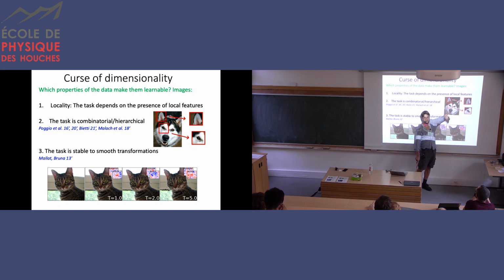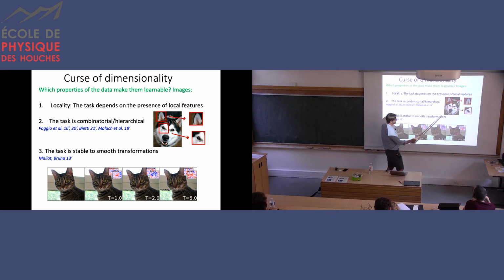This is not what I mean by locality. By locality I mean maybe it's very important, to be a dog instead of a tree, to have an eye, and an eye is a local object, but this eye could be anywhere in the picture, right? So it's not like I'm saying that only a few pixels matter. So there is this notion of locality in space: small features can be important.